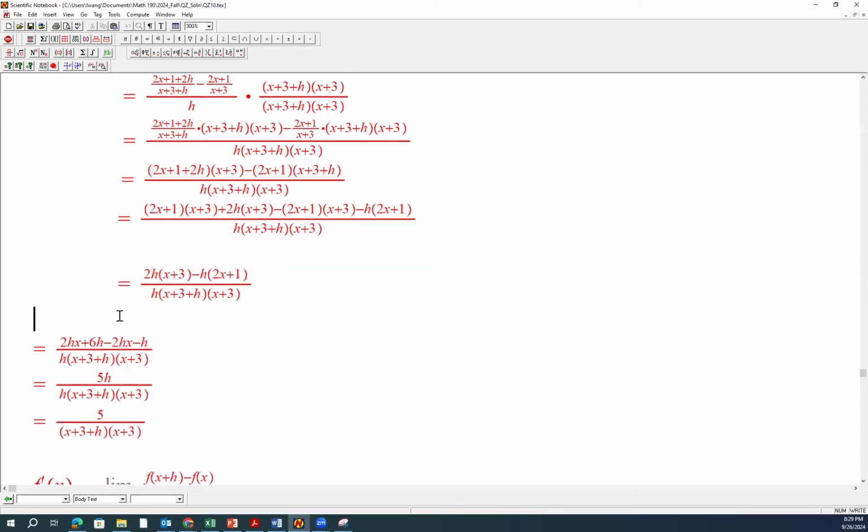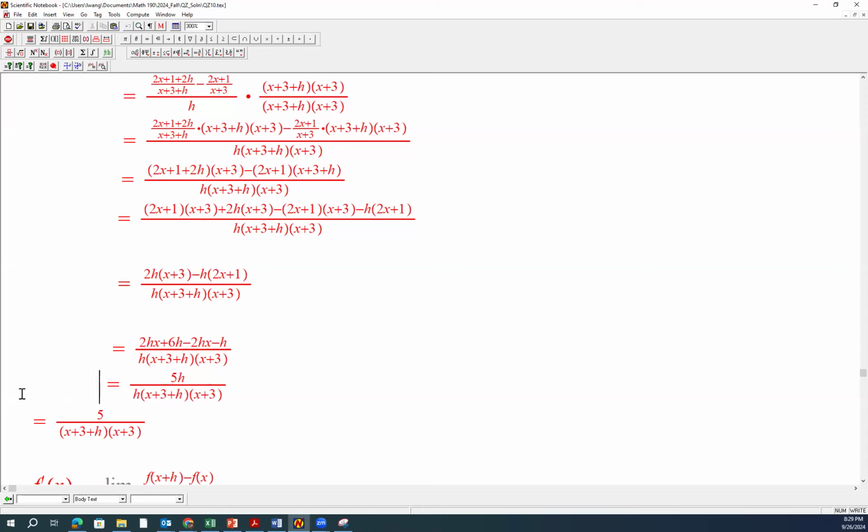Okay. And then this time we're gonna distribute, right? We distribute 2h times x, that's 2hx, 2h times 3, that's 6h. Negative h times 2x, that's negative 2hx. Negative h times 1 is minus h.